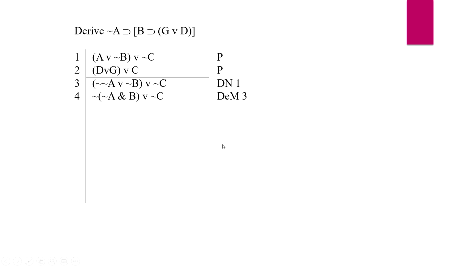So I can use implication and turn this into a conditional. We drop that negation from in front of the first disjunct and turn that into our antecedent, and then the other disjunct becomes our consequent. Remember, you have to have a negation on that first part that then drops off when you turn it into a conditional.